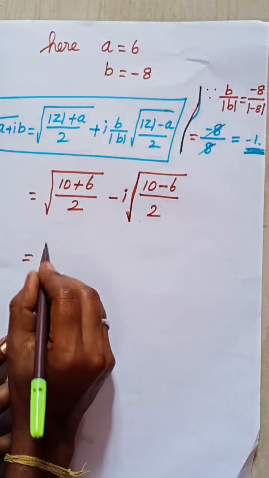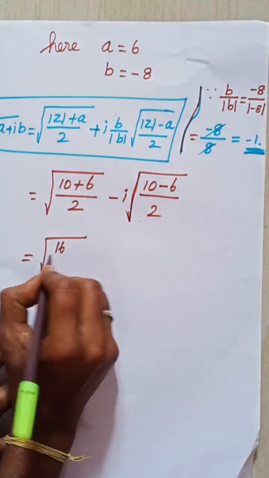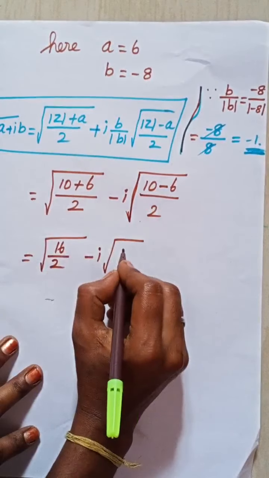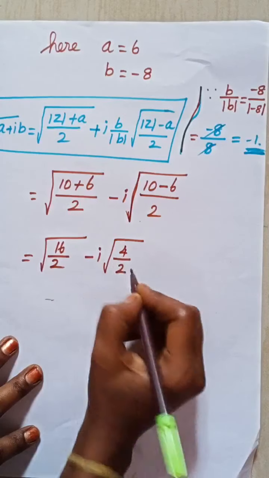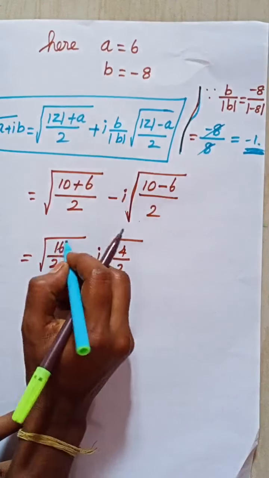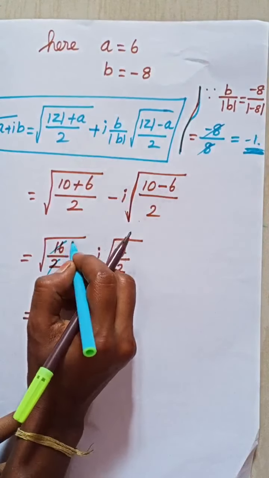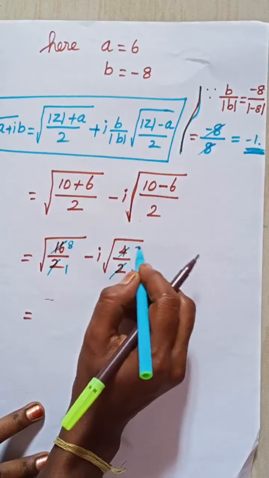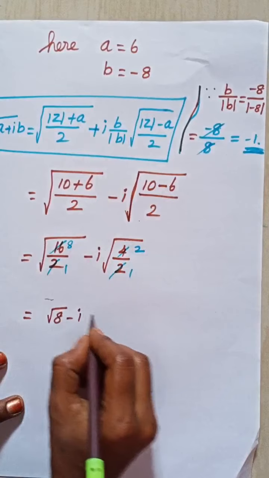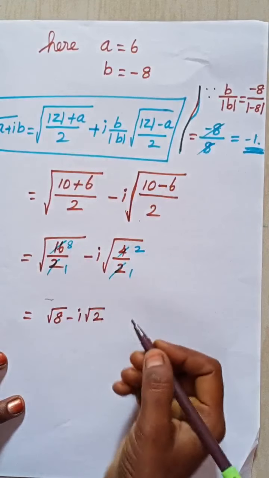So square root of (10 plus 6, 16 by 2) minus i into square root of (10 minus 6, 4 by 2). Square root of 16 by 2: 8 twos are 16, and 2 twos are 4. So square root of 8 minus i into square root of 2.